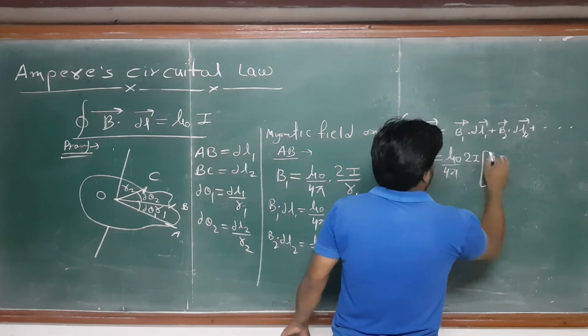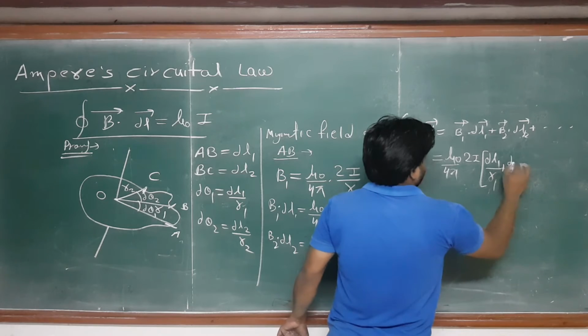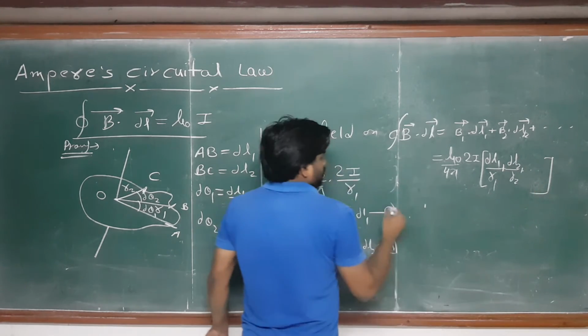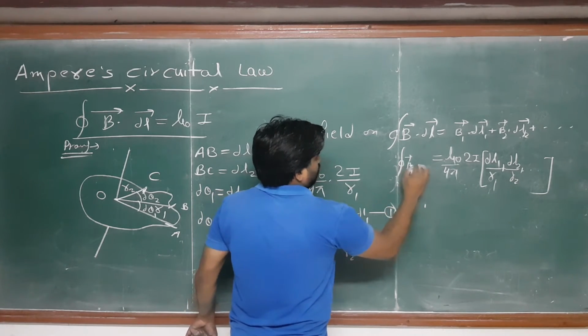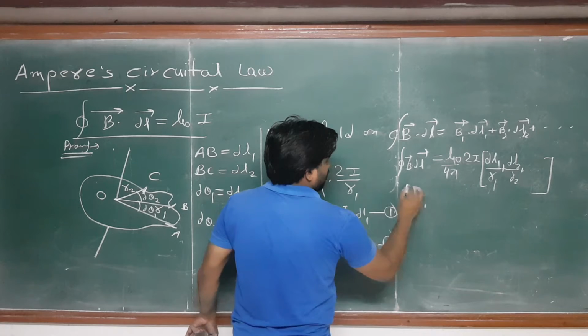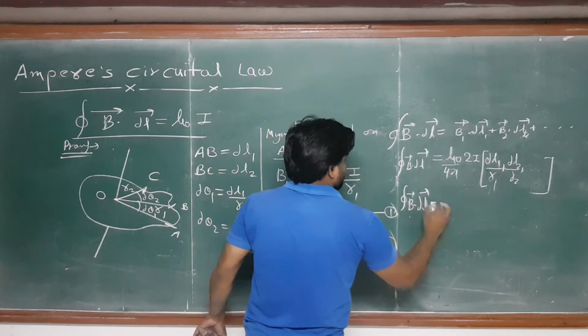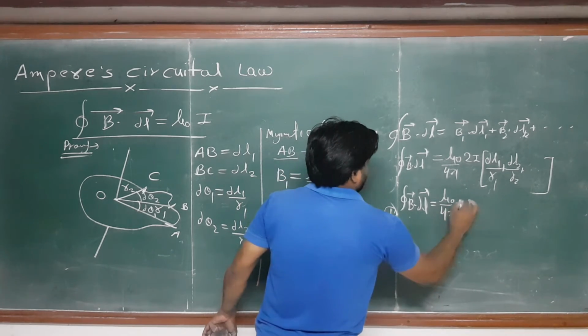So inside the bracket will be dl1 by R1 plus dl2 by R2 and so on. So the line integral of vector B dot vector dl is equal to mu naught by 4 pi dot 2I.